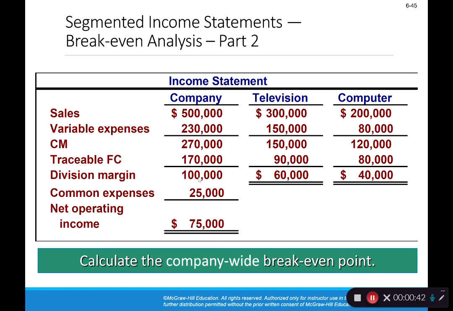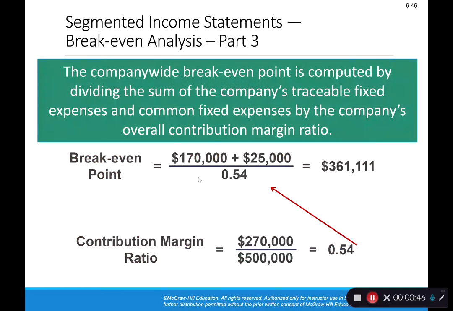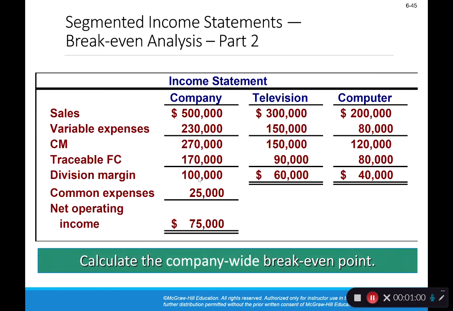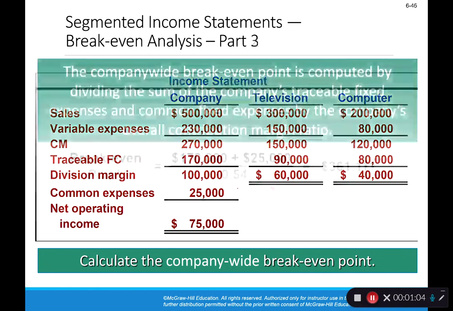So we can calculate a company-wide break-even point. How do we do that? Well, we have to remember our formula, which is the fixed cost of the company divided by the CM ratio. So the fixed cost, if I go back, is the traceable fixed cost and the common fixed cost combined.